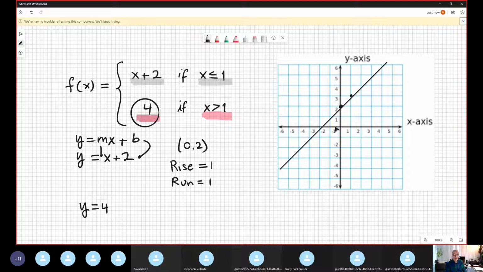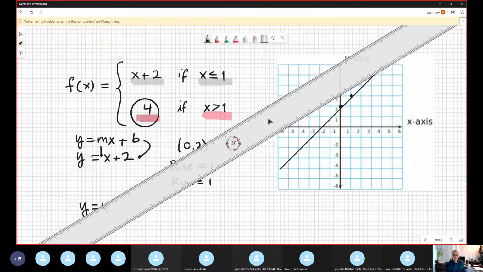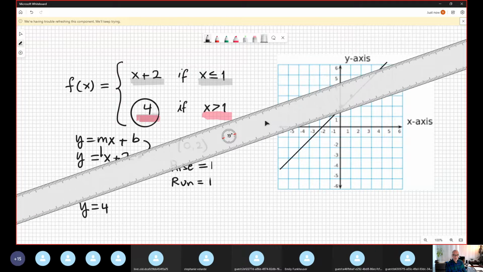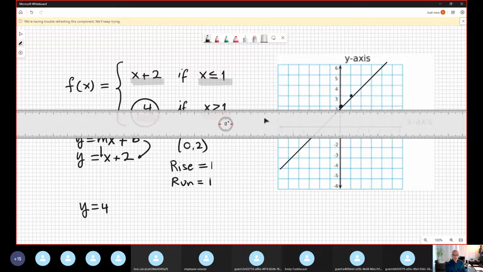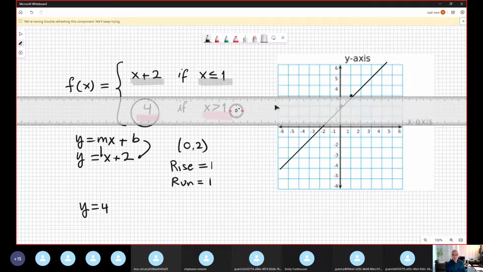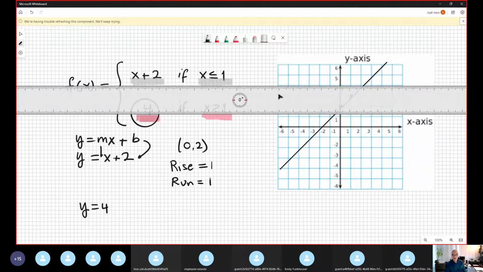And the horizontal line passing through 4 is 0 degrees. It's 1, 2, 3, 4 over there. So this is the graph of the second piece.